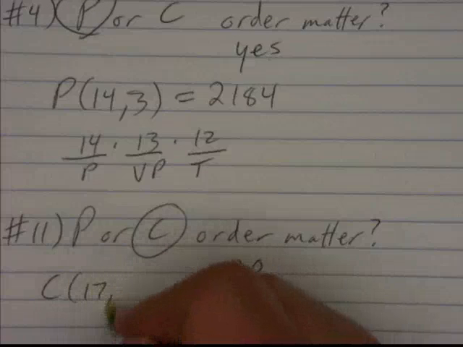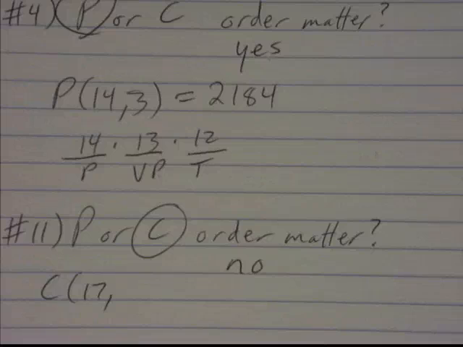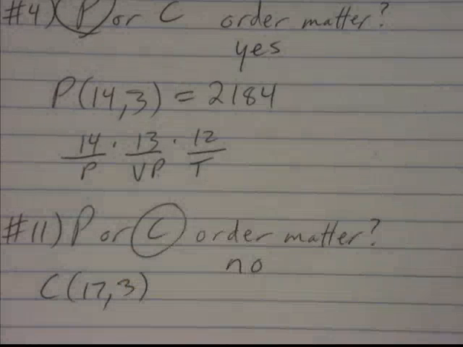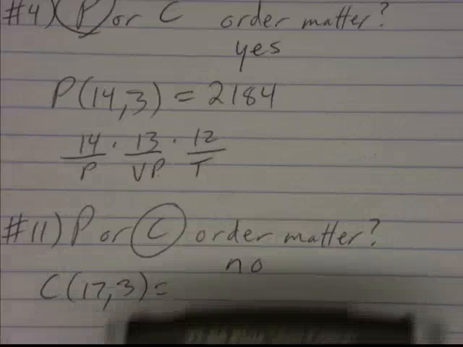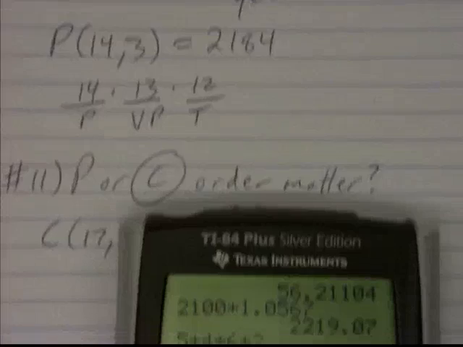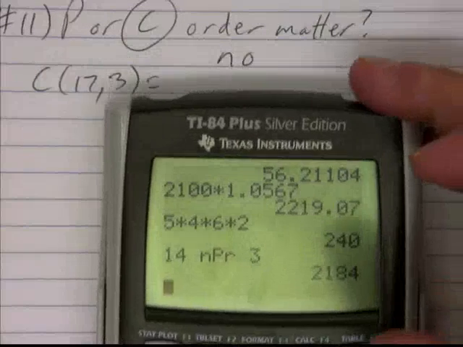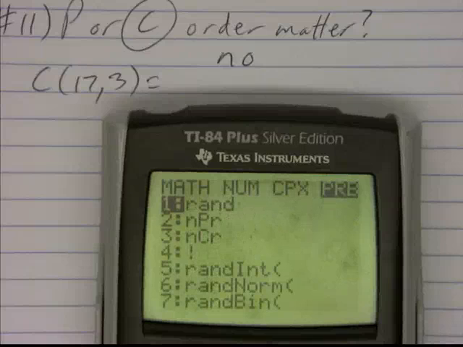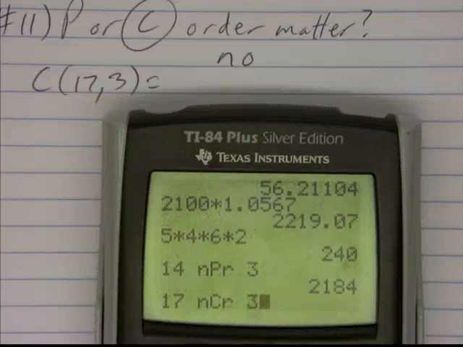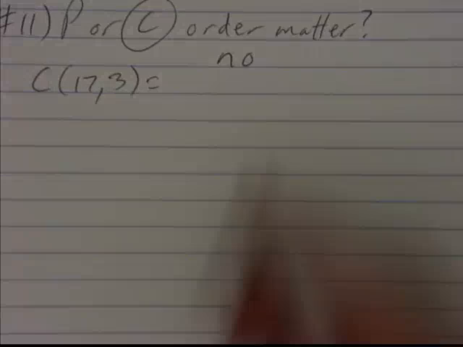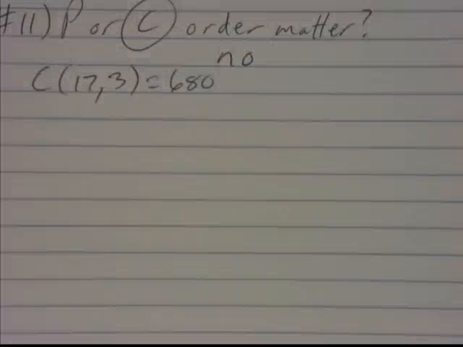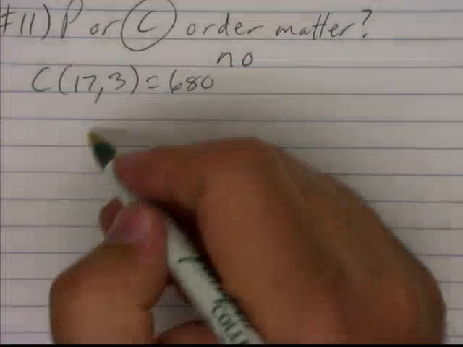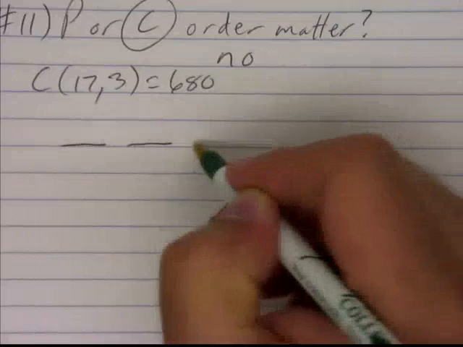So we've got 17 different experiments to choose from, and we're choosing 3. So again, we go to the calculator, we hit 17, go back to the math menu, probability, combination, choosing 3, so there's 680 ways that can be done. Or if you did that using slots, you could say, all right, here's my 3 slots for those experiments.